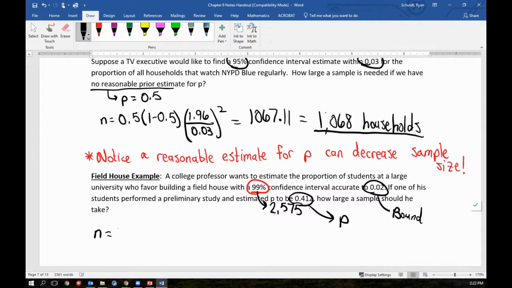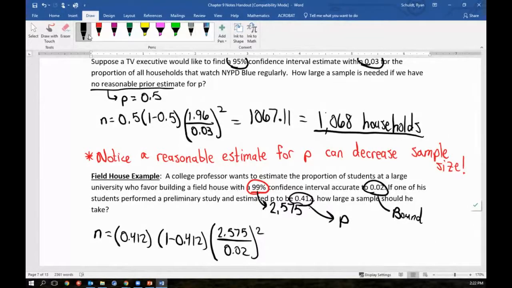Let's find our sample size with this. 0.412 times 1 minus 0.412 times 2.575 over 0.02, all squared.